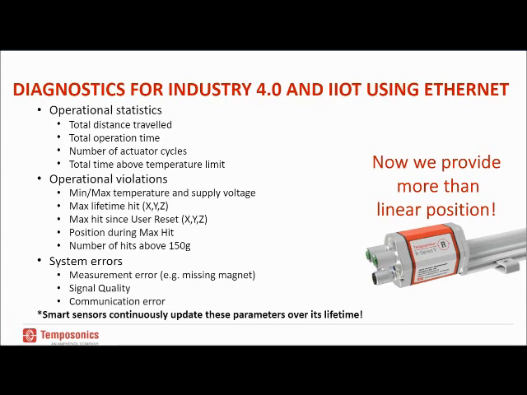And knowing that the signal is not optimal is something that would be ideal for a manufacturer or a supplier, in this case us, to know if you've got a sensor going through that situation. Or if there are any communication-related issues. If there's a loss of communication or intermittent communication, all of these will throw some type of system-related error that we can then look at and say, okay, we have something unique going on, and this sensor needs to be serviced. Right? So smart sensors in general provide continuous updates to these types of parameters, and we do that over the life of the sensor.